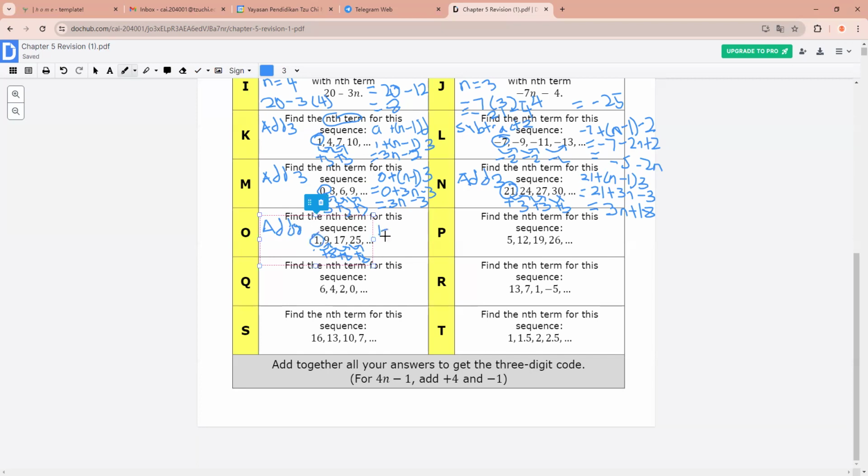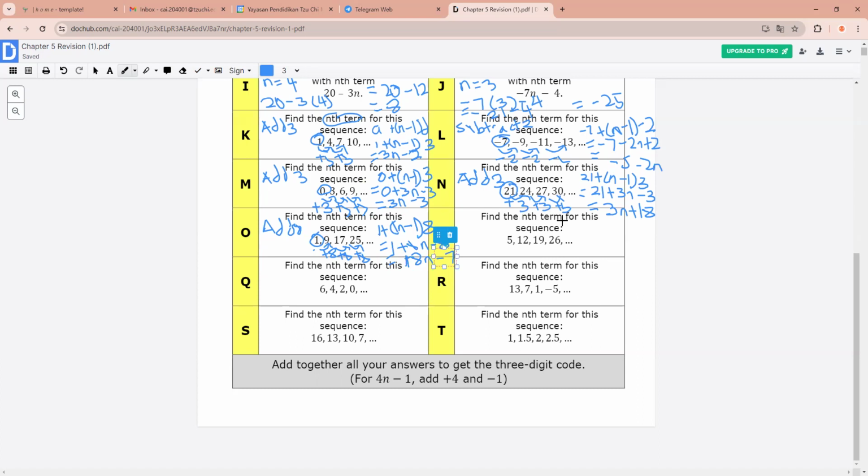So 1 plus n minus 1 times 8, which is the same as 1 plus 8n minus 8. So the answer is positive 8n minus 7.